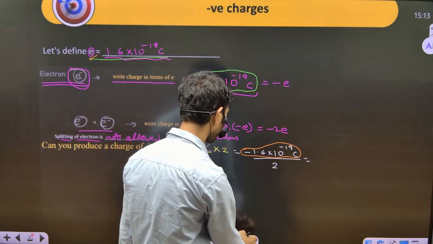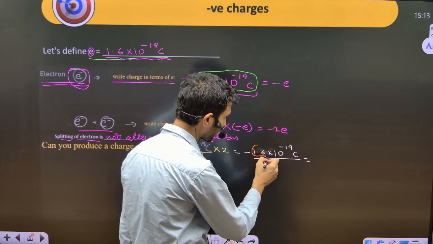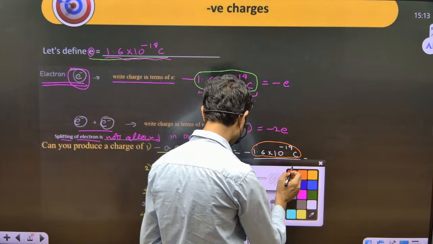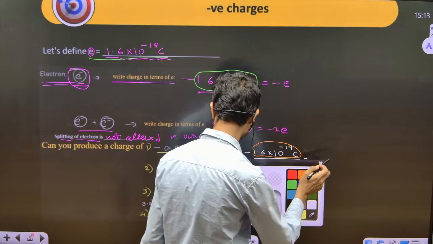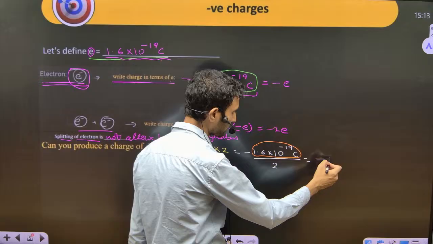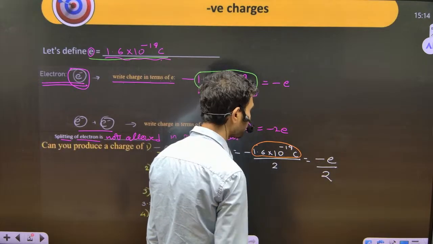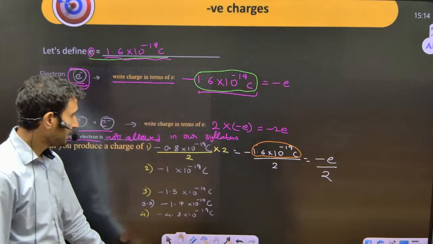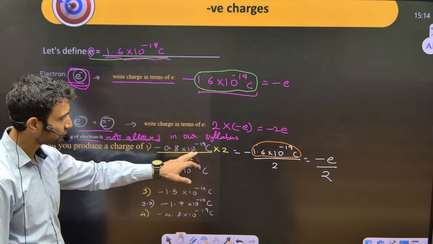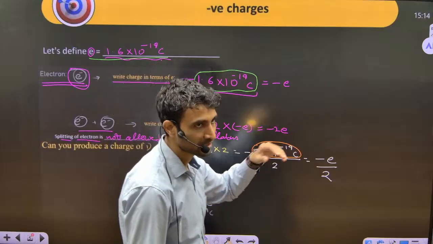My bad, I should not have encircled the entire thing. I should have encircled only this part. This is e, right? So it comes out to be minus of e, whole divided by 2. So this value, minus 0.8 into 10 to the minus 19 coulomb, essentially turns out to be minus e by 2.